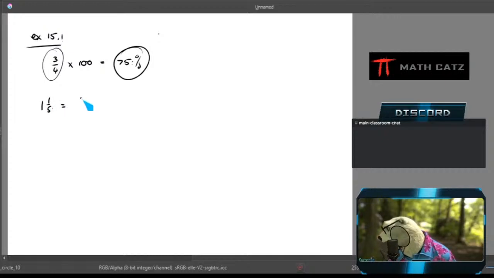So I'm going to go improper fraction, and then I'll multiply by 100. Maybe I don't know what that is. I don't have to. Calculator is totally fine. Let's do it. 6 divided by 5 times 100. And we get 120.